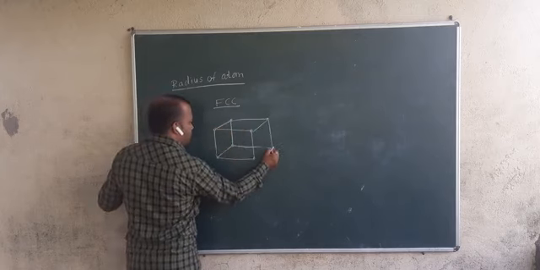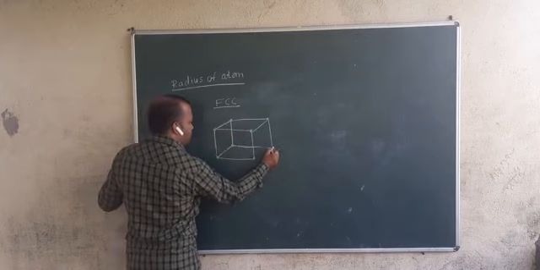So can we apply the Pythagoras theorem? Yes, because it's a right angle triangle. So A square plus A square is equal to 4R square, which gives 2A square is equal to 16R square. So 2 will go and divide there.